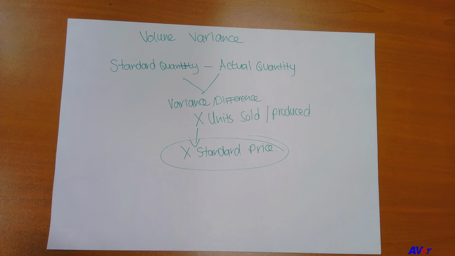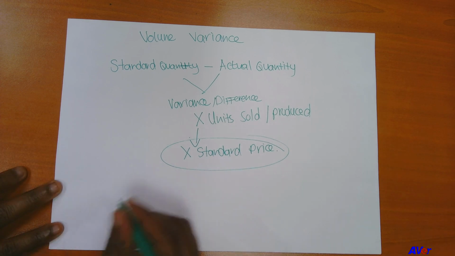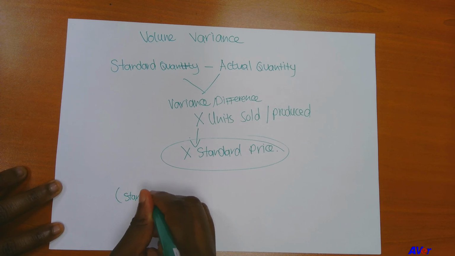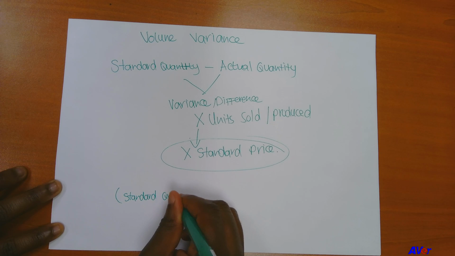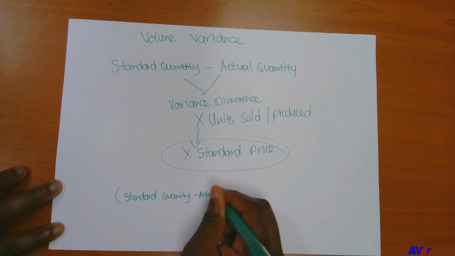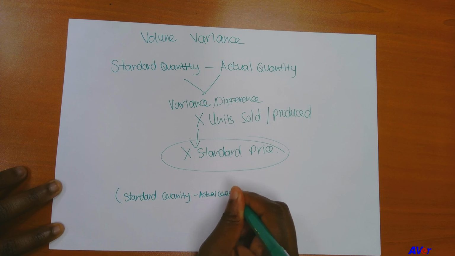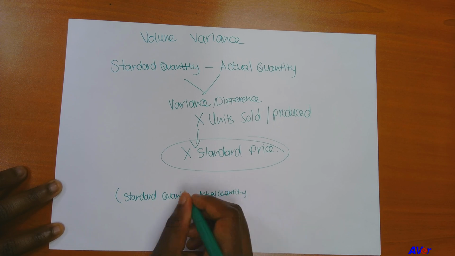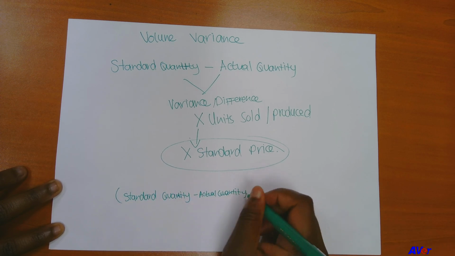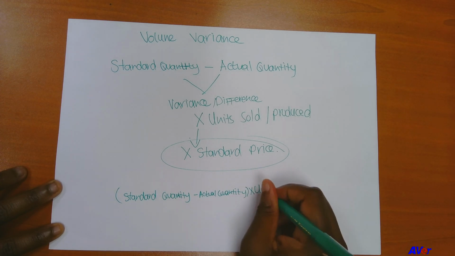Now, just to summarize, we said it's standard quantity minus actual quantity. I would have to multiply by units sold.